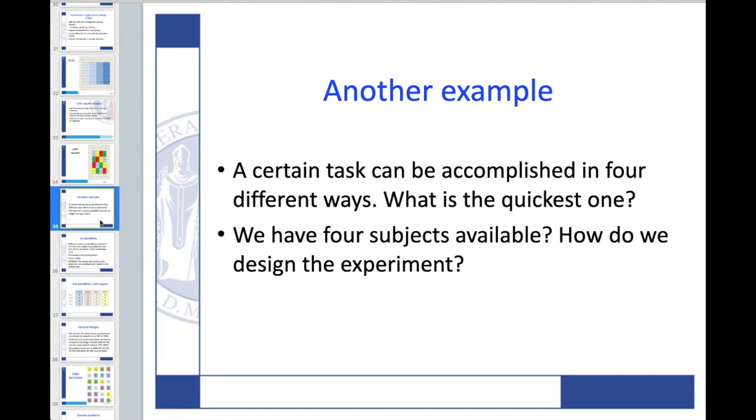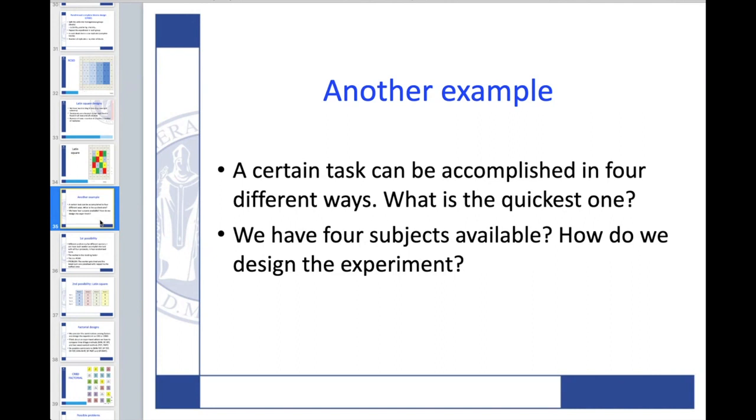So we take one subject and we tell him, okay, now you use, in randomized order, the protocol A, then the protocol B, then the protocol C, then the protocol D. This is really okay, because if there are differences in proficiency among subjects, we have no disadvantage, because every subject works with all protocols, right?